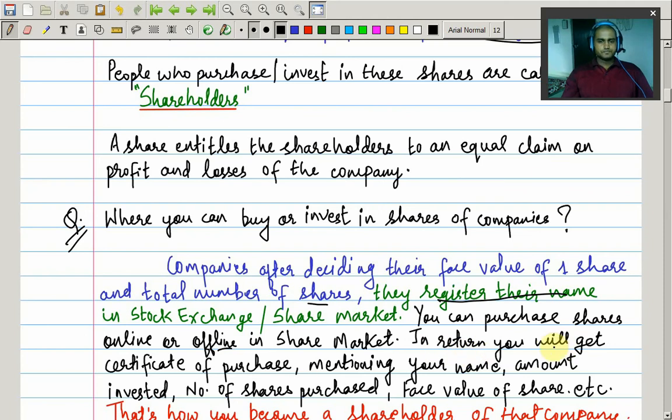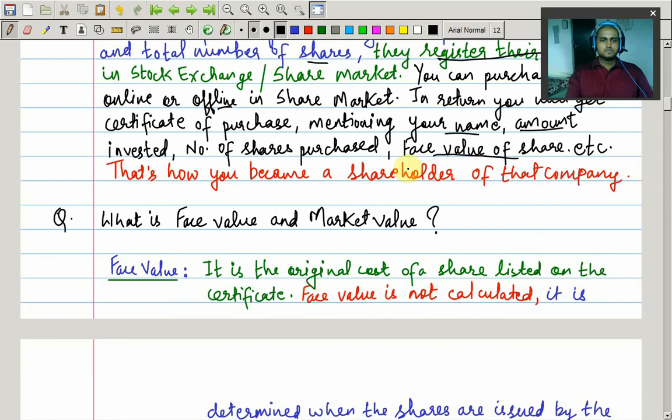In return, you will get a certificate of purchase mentioning your name, amount invested, number of shares purchased, face value of shares, and so on. That's how you become a shareholder of that company.